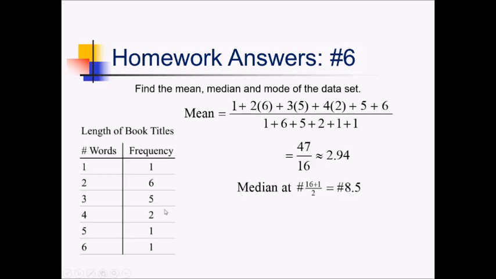So let's start adding up our frequencies here to see where item number 8.5 falls. Now the good news is these are all basically sorted out, so we don't have to line them up or write them out. We can just use this numerical value here, the frequency, to figure out where this falls. So after that first word, we're up to 1 word. After the next 6 of these 2s, we're up to 7 words.